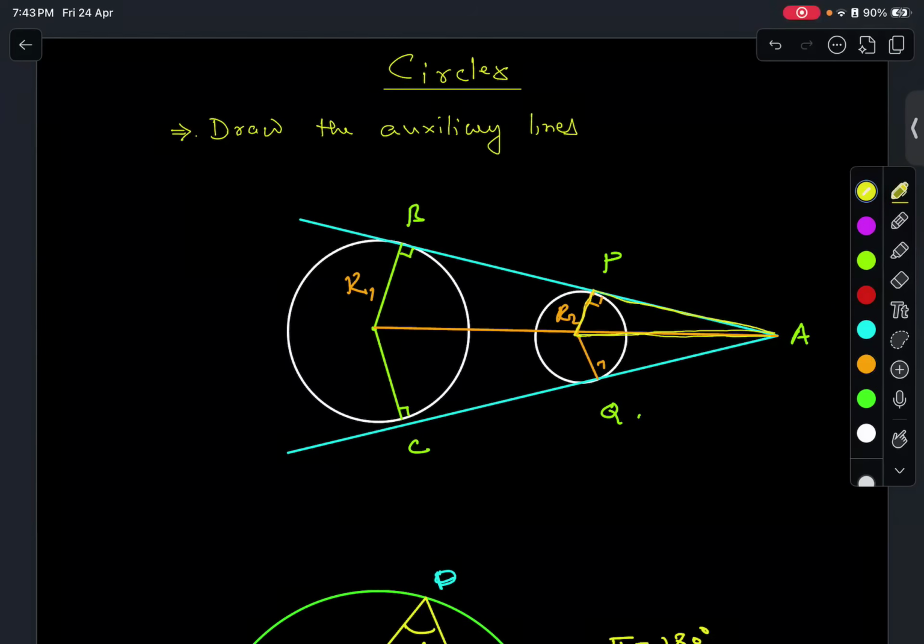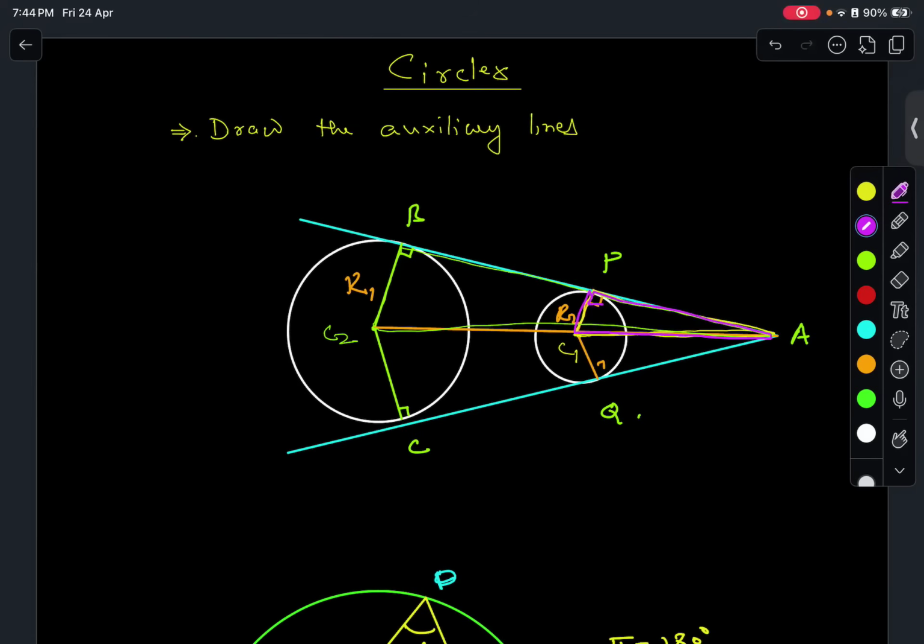Triangle A C1 P, and the second triangle A C2 B. What can we say about these two triangles? Congruent or similar? They are similar, very good. Both are similar.